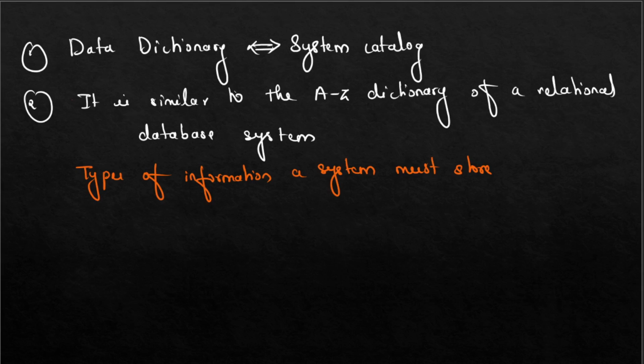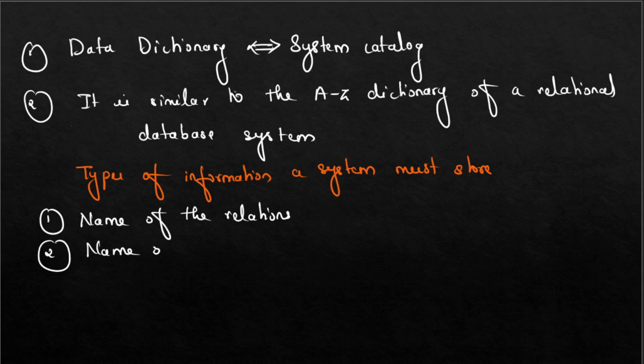The very first is the name of the relations. Second is the name of the attributes of each relation.